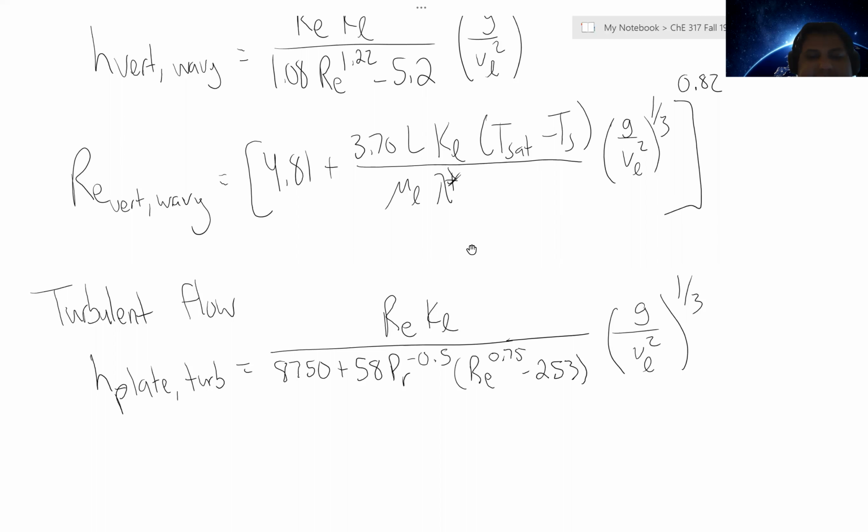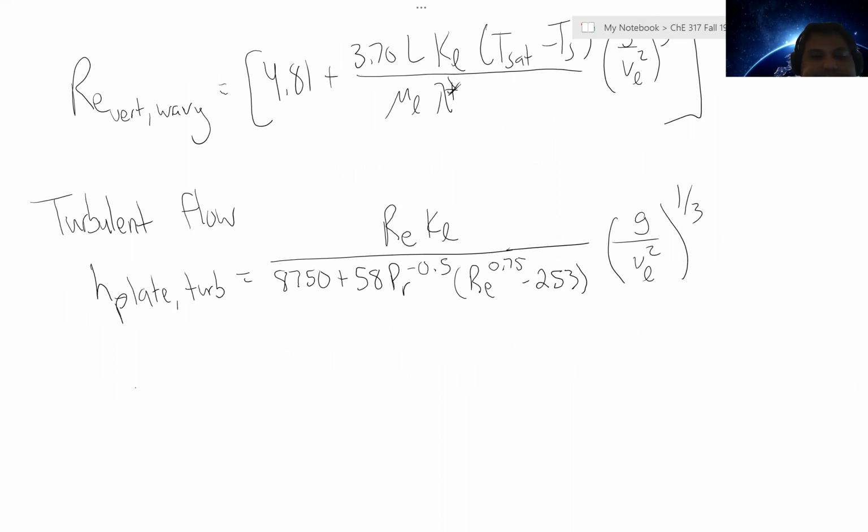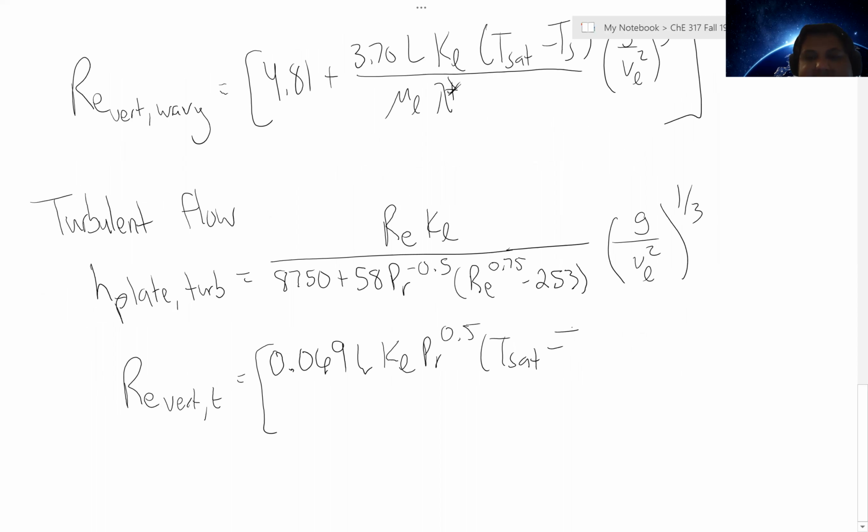And we can calculate the Reynolds number in our turbulent system. As given by the expression, 0.069 times length times thermal conductivity of the liquid times Prandtl number to the 0.5 times Tsat minus Ts divided by viscosity of the liquid times lambda star.